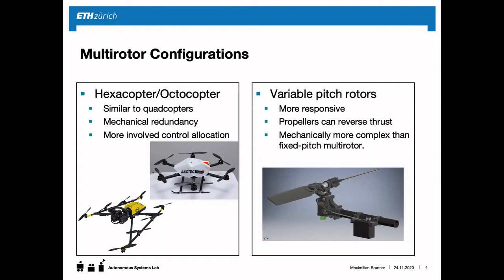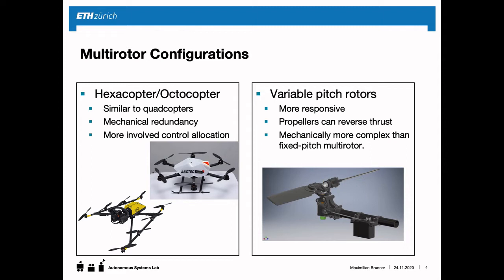And the only difference to the standard quadrotor is that we add 2 or respectively 4 more propellers to the system. So this basically makes the system more redundant. We can still have 1 or 2 propellers failing while still having at least 4 propellers in the system to keep the system in hover. Otherwise, the control is very similar to the standard quadrotor, only the allocation matrix changes slightly.